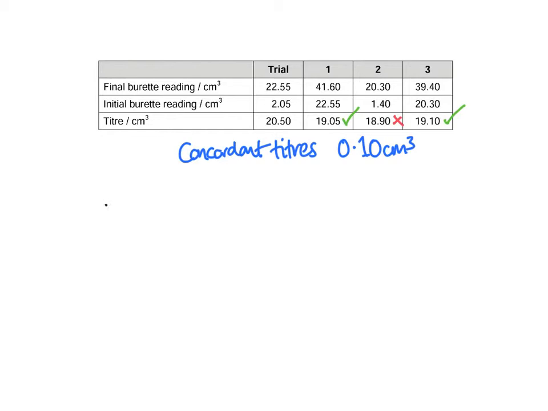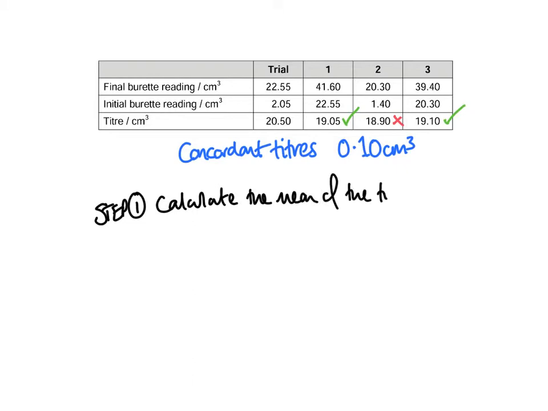This then allows us, after doing this, to look at step 1 of our calculations. Having identified the concordant titers, we need to calculate the mean of the titers. In this case, we are only going to use 19.05 and 19.10.